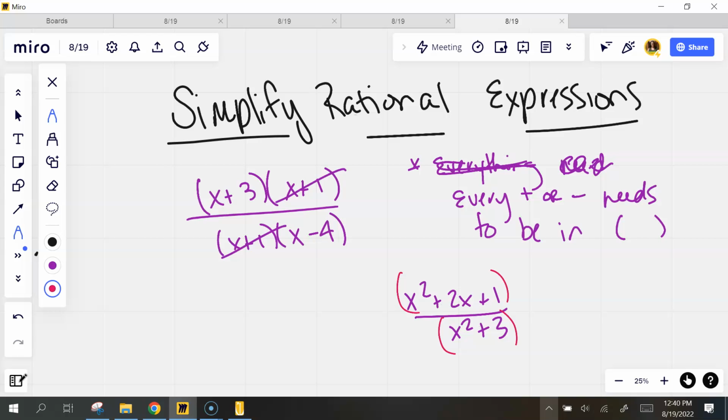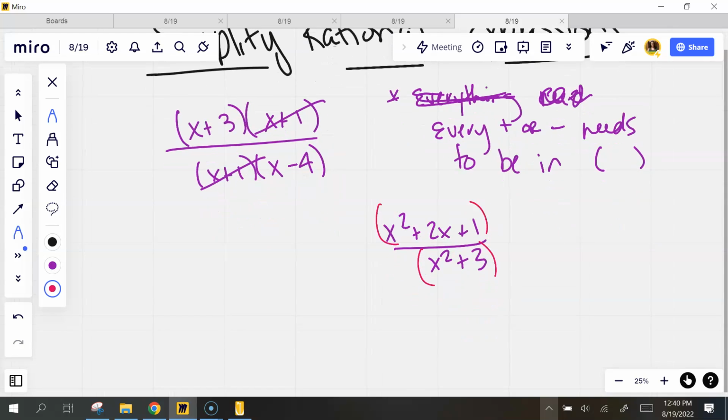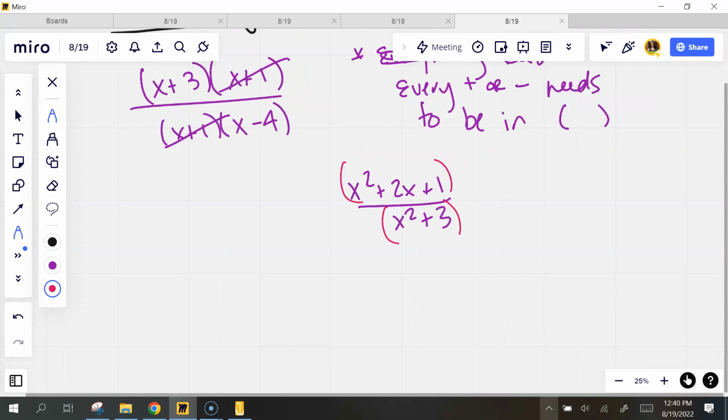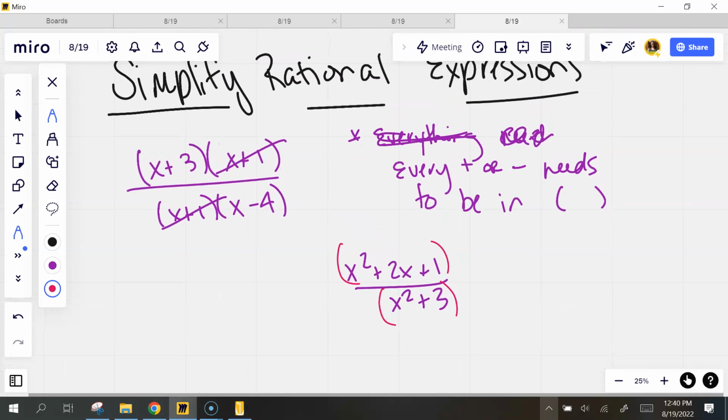All right. So here's what we're going to do. We're going to completely factor top and bottom if we can. Okay? So take a look at that first one. Tell me when you got it. You factor everything you can.